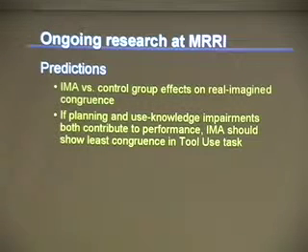And since these patients tend to show both a planning deficit and a use knowledge deficit, if both of these contribute to their performance, then the patients should show the least congruence in their tool use task, which involves planning an action and knowing how to use that object. So I'll leave that there. We're just collecting some data now, so we'll hopefully have an update the next time I am here.